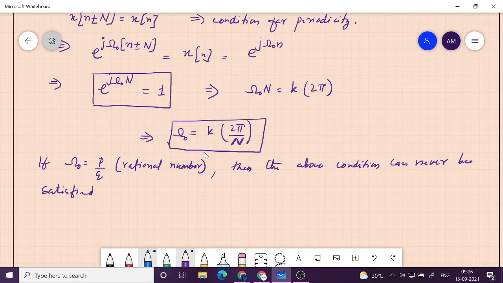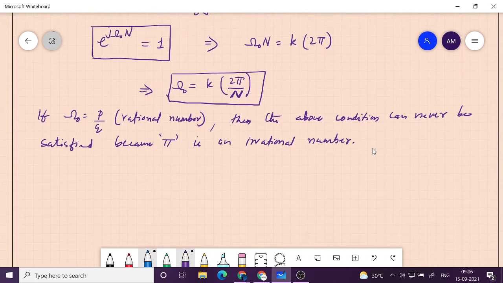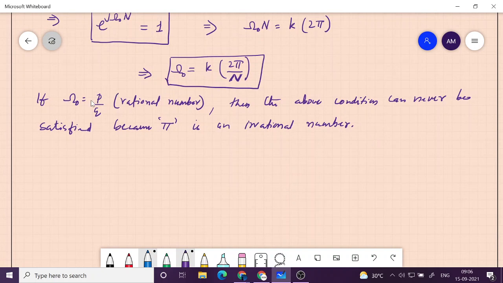That's the reason. Because pi is an irrational number, we cannot satisfy this condition if omega 0 is a rational number. So the frequency cannot be a rational number.